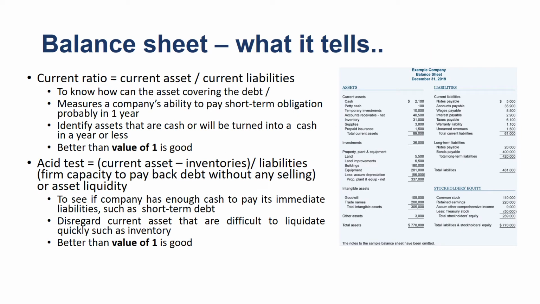The balance sheet will tell us first the current ratio, which is equivalent to current assets over current liabilities.